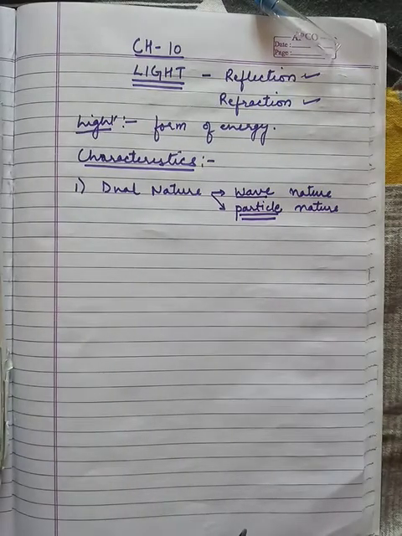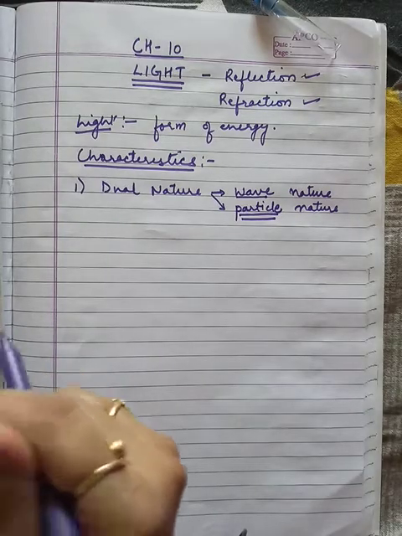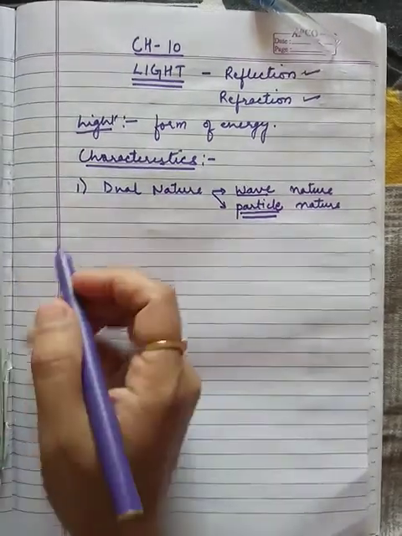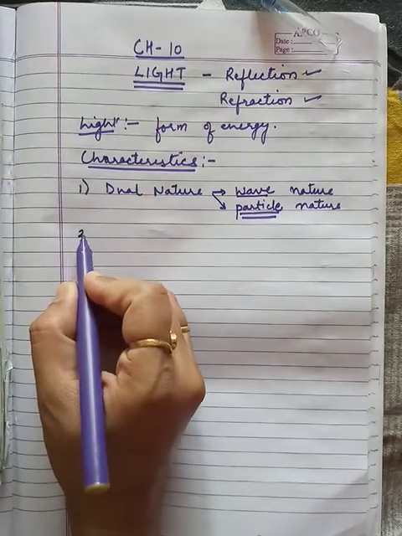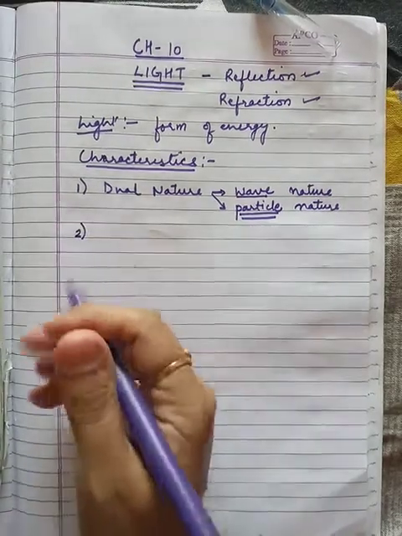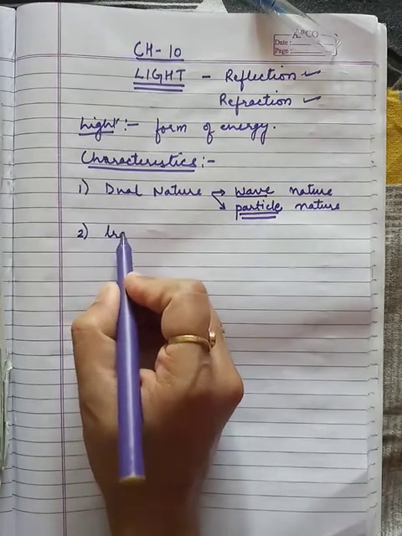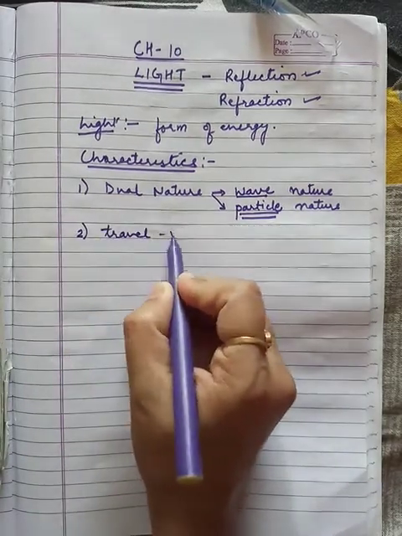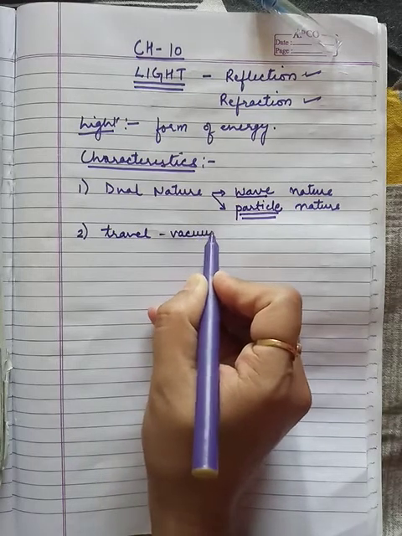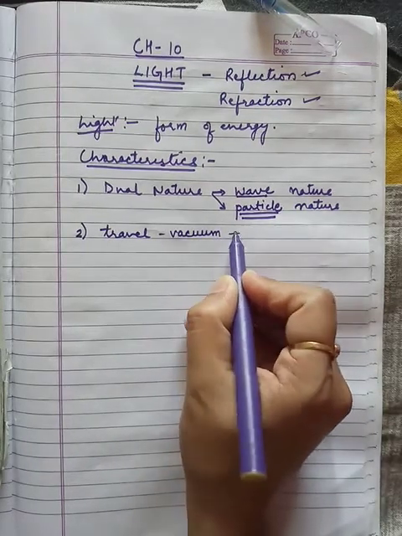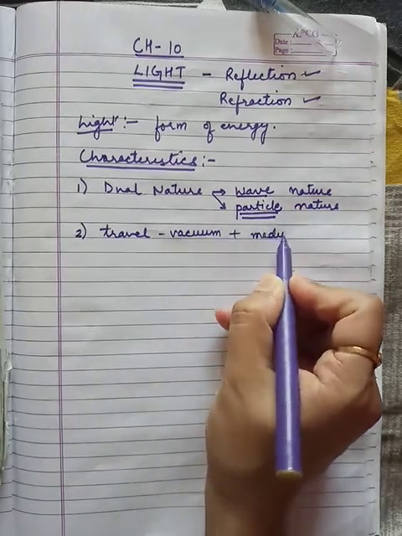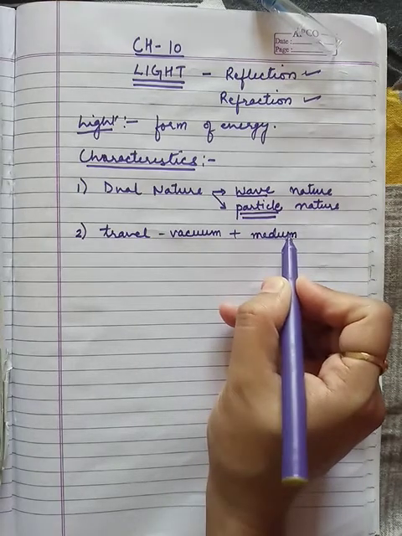Second is, light can travel in a medium as well as in vacuum also. That means without any medium it can travel, or in any medium also it can travel. So light can travel in vacuum as well as any other medium, and it should be a transparent medium, that we know.